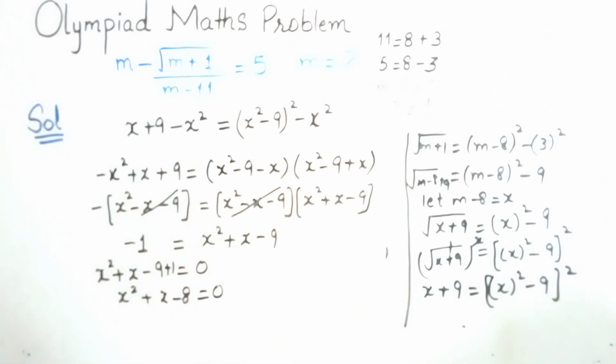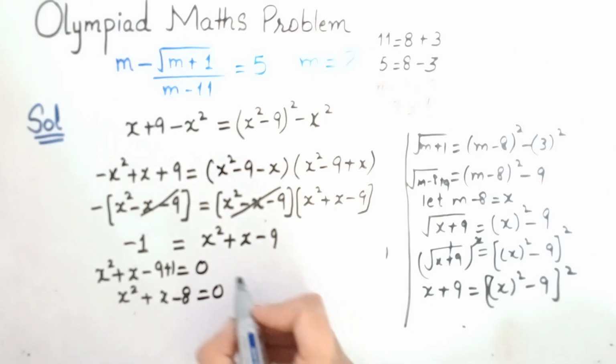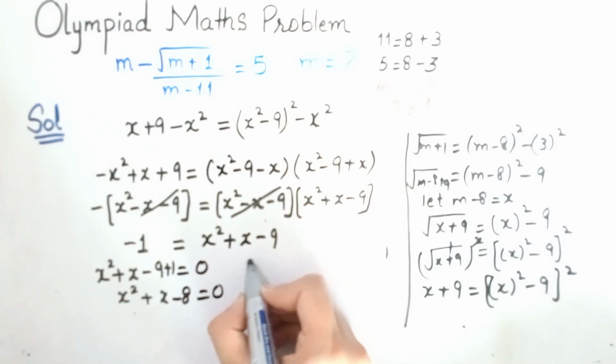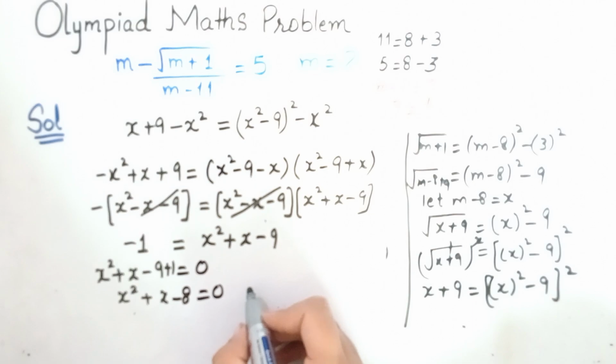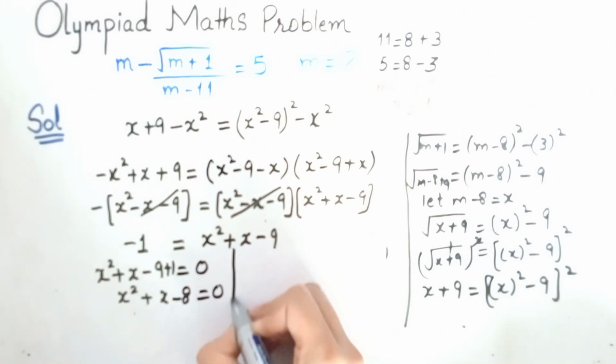So we cannot make factors of 8 such that when they are added they give 1. So we will solve this using the quadratic formula on x square plus x minus 8.